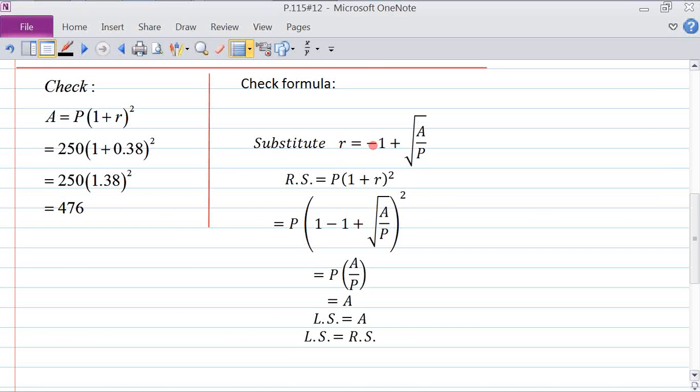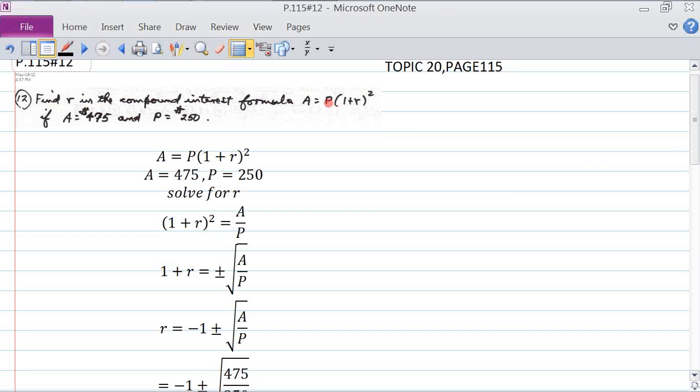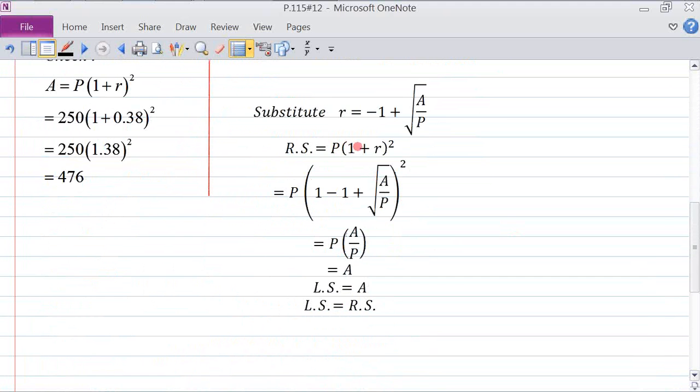We got R is equal to minus 1 plus square root of A over P. Take the right side of the formula, right over here, and we substitute the value of R in there. So here's the right side of the formula.